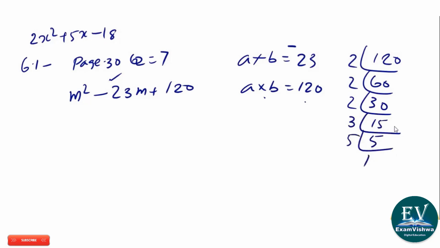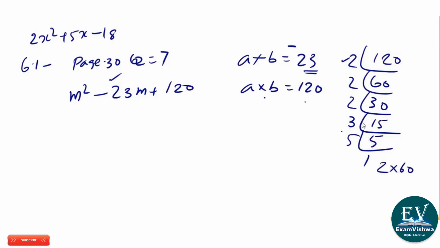Correct? Now we need to take care of minus 23. So various combinations are possible, but for example 2 into 60, that is of no use. Correct? So we will do trial and error.